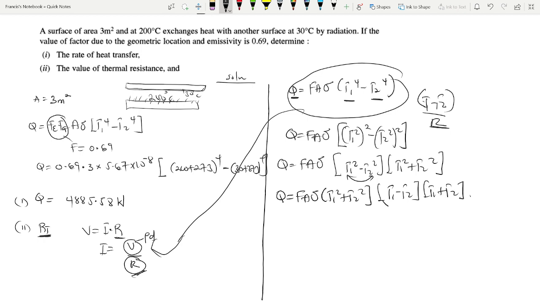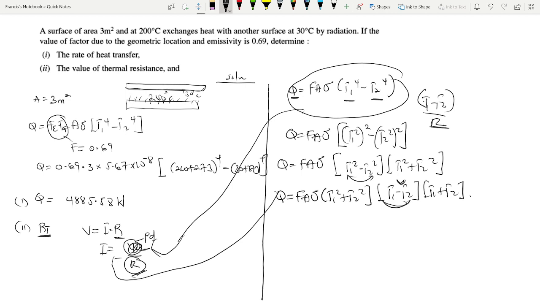Now you can see that T1 minus T2 becomes the potential difference V, and Q is the current, because the temperature difference drives the heat just as voltage drives current.